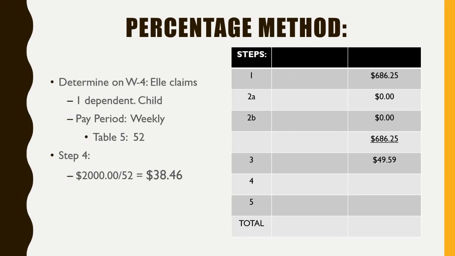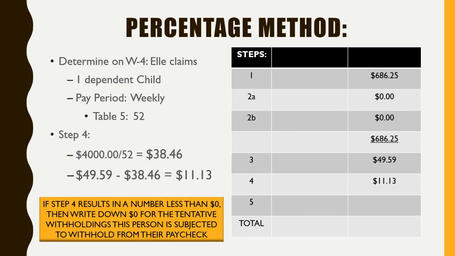If this was like $56, which exceeds the total amount of withholdings I currently have, which is the $49, that means I just claim my withholdings as 0. In this case, I can subtract it out and I'm going to be left with $11.13 to withhold from her paycheck.